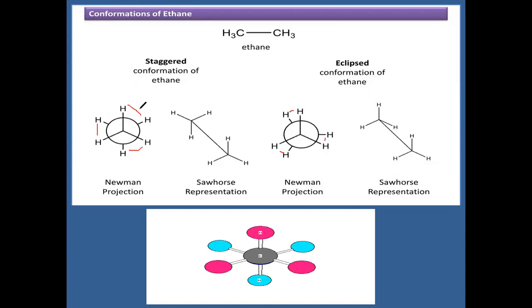So staggered form is highly stable. Again, the reason is hydrogens are away from each other and there is no repulsive interaction between them, and that's why staggered is more stable as compared to eclipse form. And these two forms we get due to rotation of the carbon bond by 60 degrees.